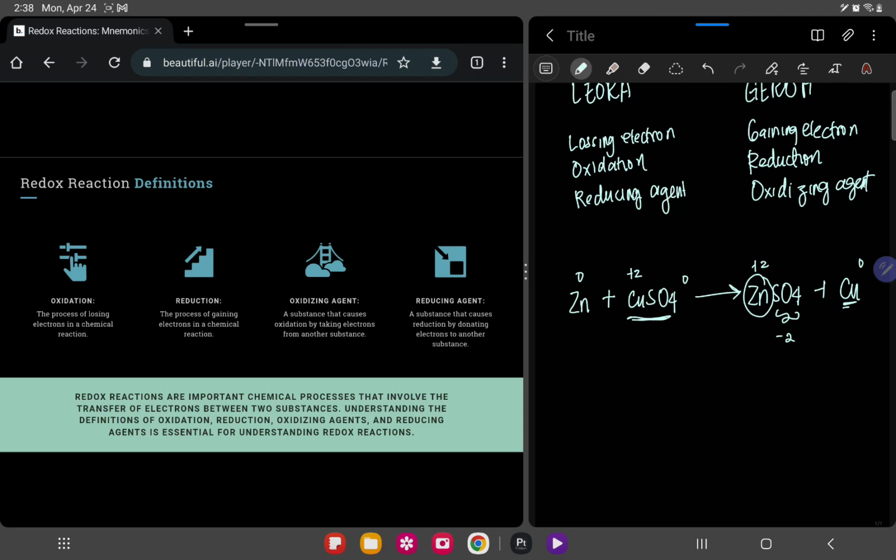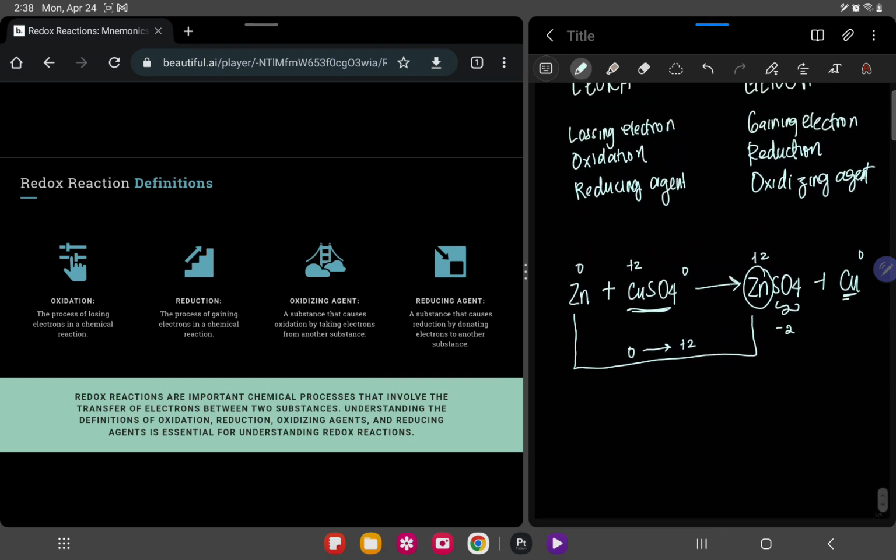So if you are going to check for the movement of electrons on each of these elements, we'll see that your zinc here from 0 becomes +2. So that means there is an electron decrease.